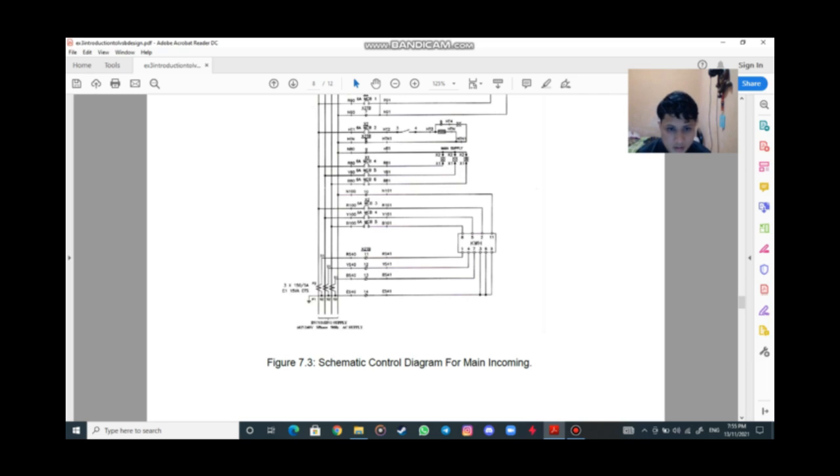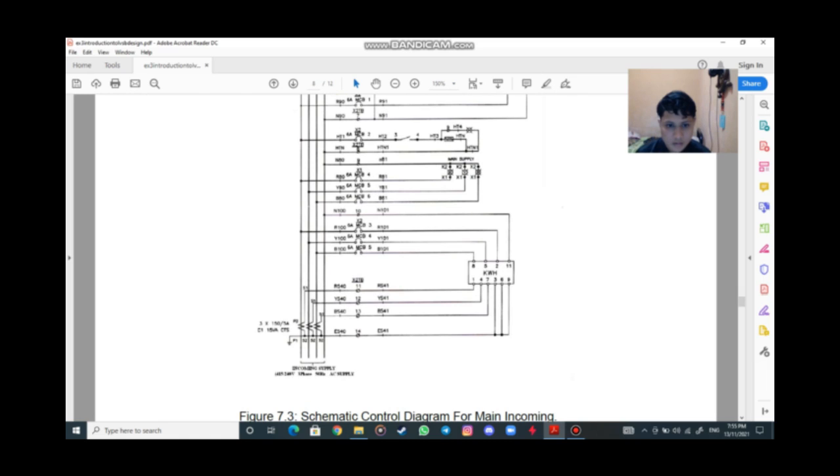You can see this E, this B for blue, this Y for yellow line, this R for red line. All these lines are connected to the kilowatt meter. This is the kilowatt meter. So before it comes in, it will connect to the kilowatt meter.